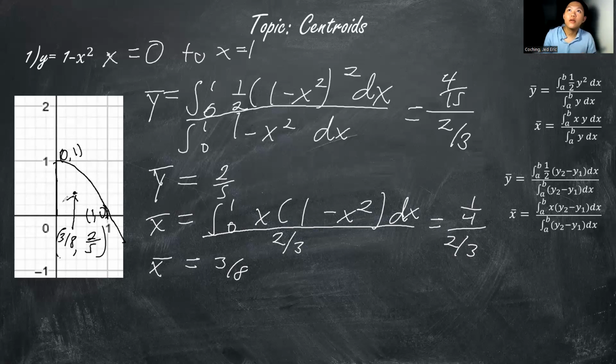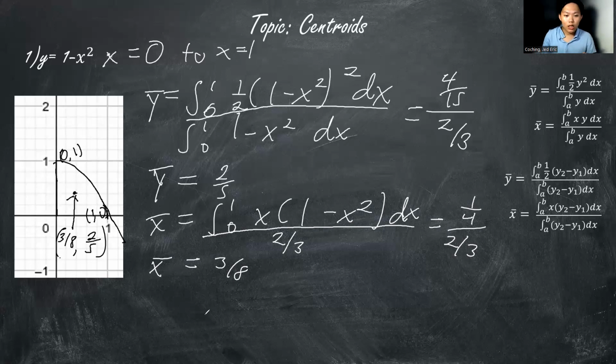And if you remember correctly, the definition of centroid is the center of mass of an object. As this is a two-dimensional plane, we can easily get that by using the formula for centroids.